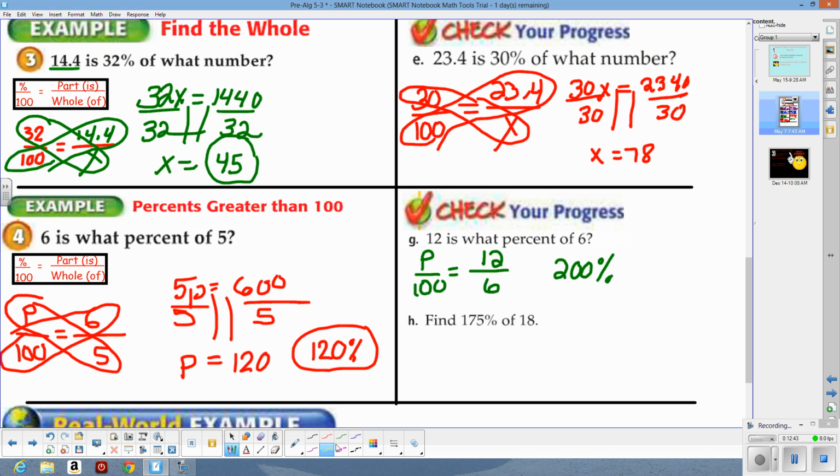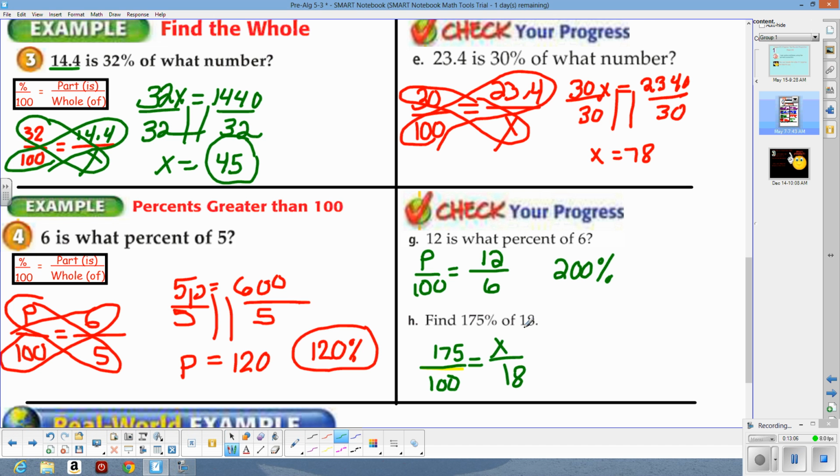Next, find 175% of 18. The percent always goes over 100, so 175 over 100. And it says find 175% of 18. So 18, because it has that word of there, that's our whole, and we don't know our part.